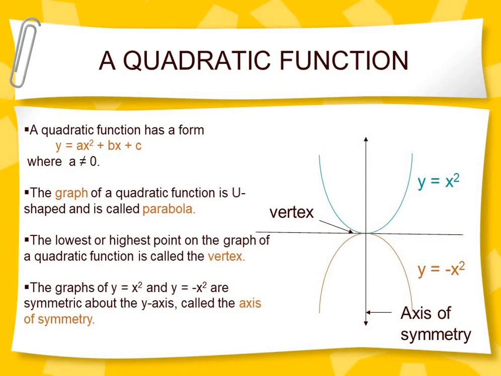As you can see, the curve was going down, the U shape, and then at a point it starts moving up. So at the point of converting from going down to going up, or from going up to going down, I call it the vertex.